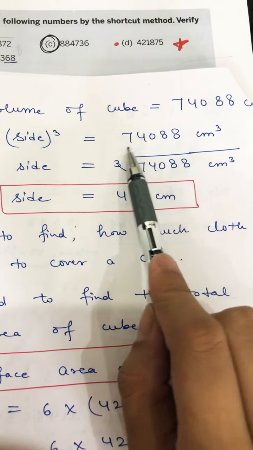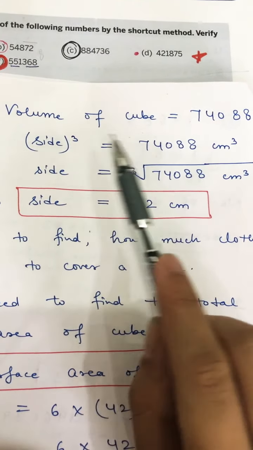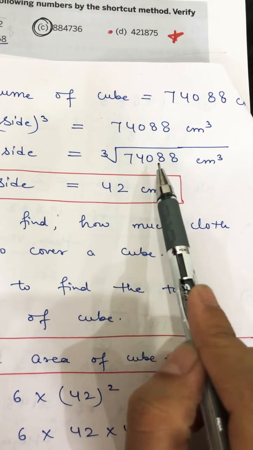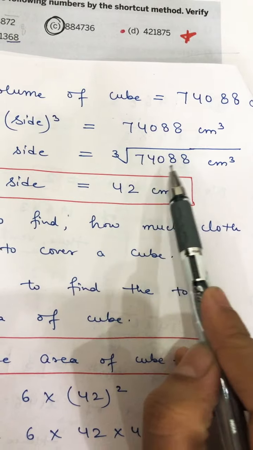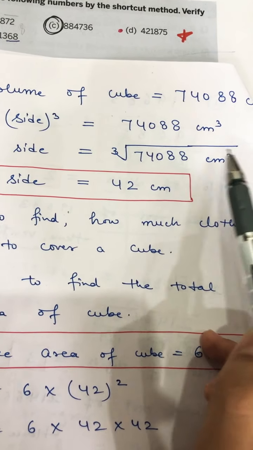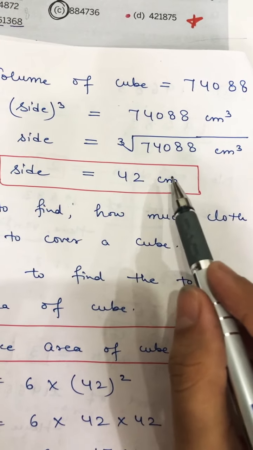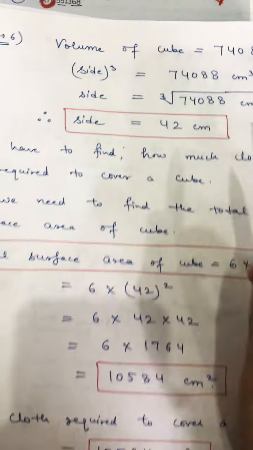Side cube is equal to 74088 centimeter cube. When we remove this cube, it goes to the opposite side and becomes a cube root. So the cube root of 74088 centimeter cube is 42, since 74088 is the cube of 42, and centimeter cube and cube root cancel, leaving centimeter only. So the side of the cube is 42 centimeter.